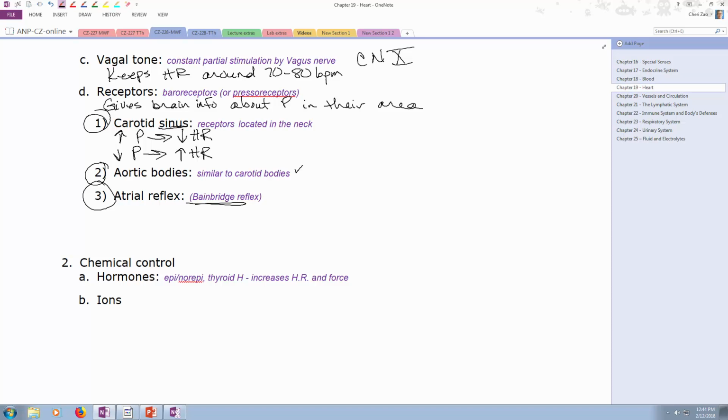Will you slow the heart rate or will you increase the heart rate if you want the atria to empty? Increase the heart rate. And that's what the Bainbridge reflex is actually all about. So as long as you remember over-distension, and then what's the easiest way to handle the pressure of this over-distension, then you'll actually be able to figure out whether it slows your heart rate or speeds your heart rate up. So this is a sympathetic reflex.